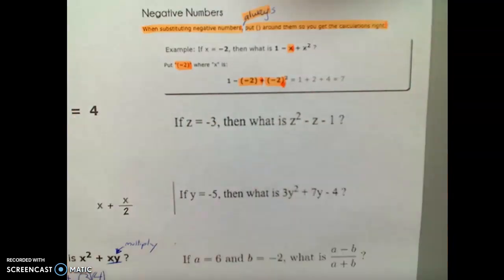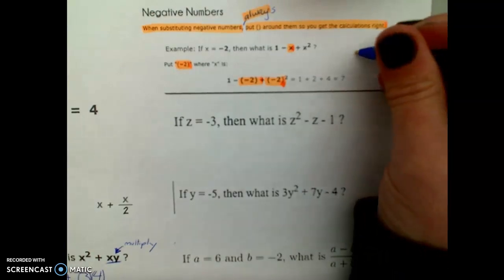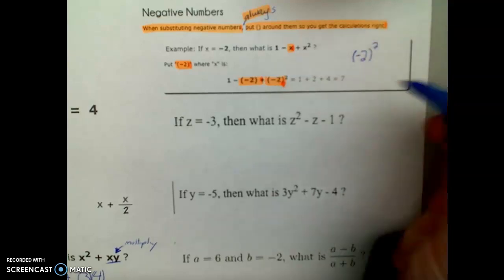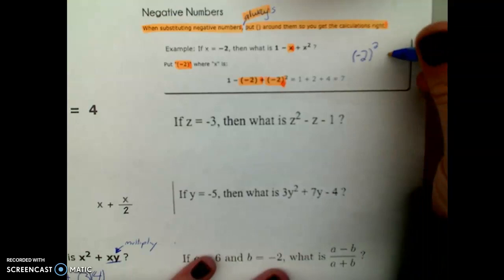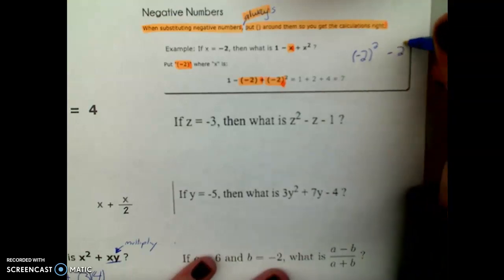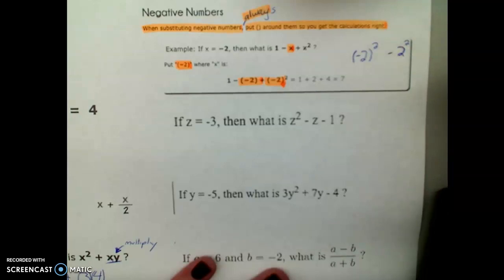This is a very special situation, and we're going to use this space off to the side to write it down. There is a difference between when you square a -2 and when you have a negative off to the side of a 2 squared. The difference is whether or not that negative is included in the squaring.